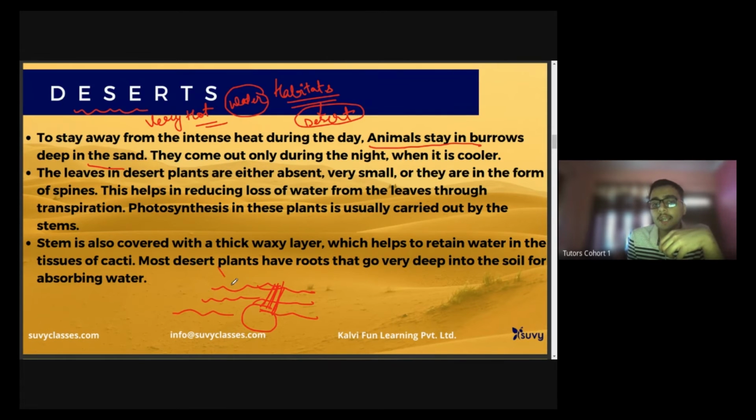Because the heat coming from the sun will reflect after striking the ground, and they will not feel too hot when they live below ground. For example, mice and snakes live in these burrows they make in the sand. They come out only during night because nights are cooler compared to daytime, right?